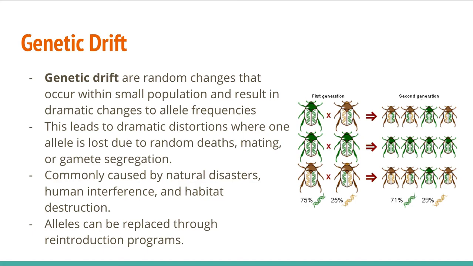You can fix genetic drift if you are humans and you like to muck about in other populations, through reintroduction programs. And this is often what breeding programs at zoos are meant to do, at least the ones that put conservation ahead of entertainment. So what they'll do is they'll breed animals, usually not actually at the zoo, at an off-site location.